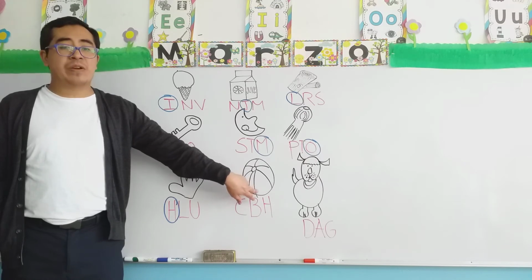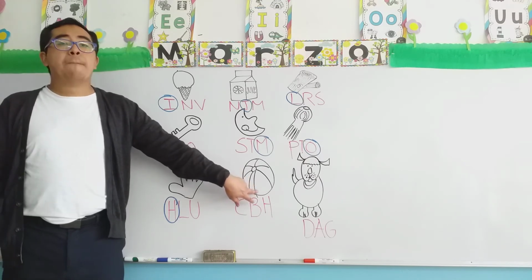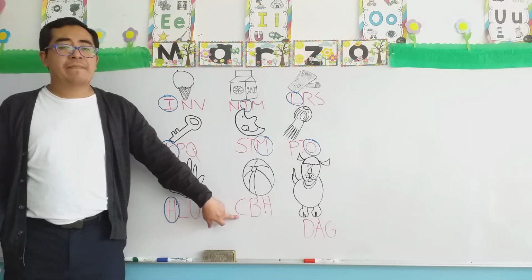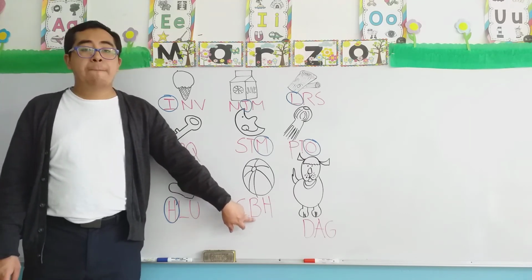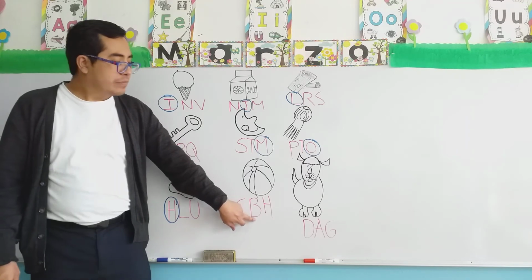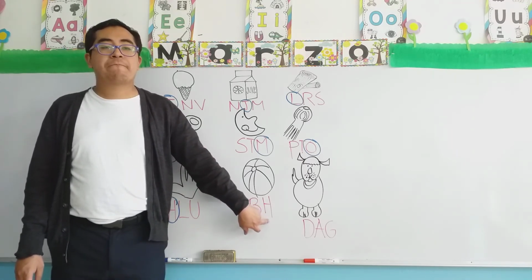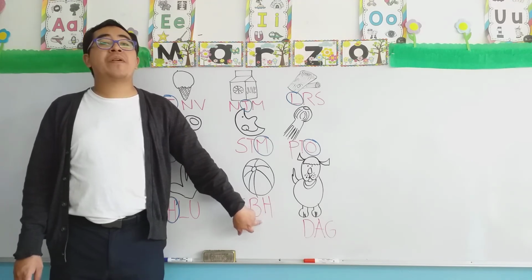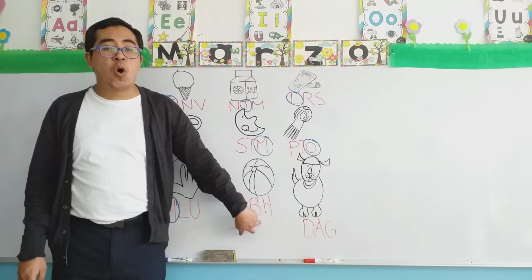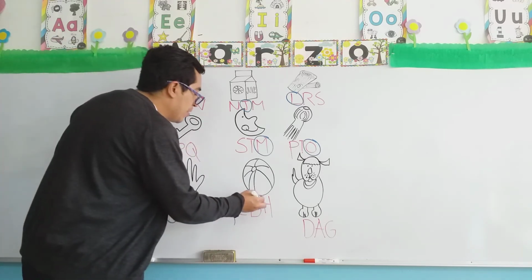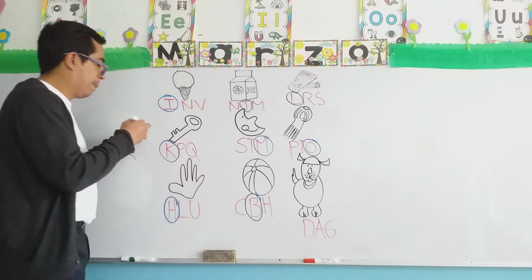Ball, very good. Now the word ball begins with the letter C, the letter B, or the letter H. The letter B for ball. Very good. It's the second letter of the alphabet.